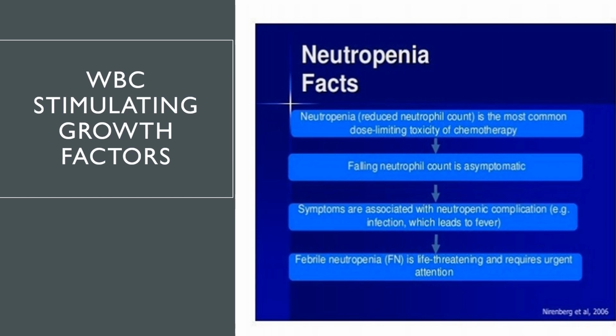Okay, so typically we consider a neutrophil count of less than 1,500 as neutropenia.